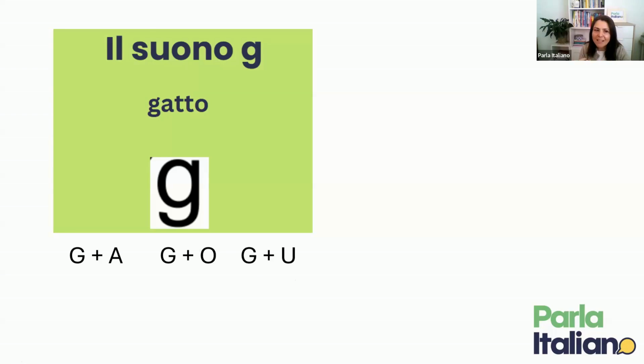So in this case it is the sound G. But also when G is followed by H. And as in the previous examples, G plus H is always followed by the I or the E. And in that case, it makes the hard sound G. So as you can hear, it is ghi, ghe.